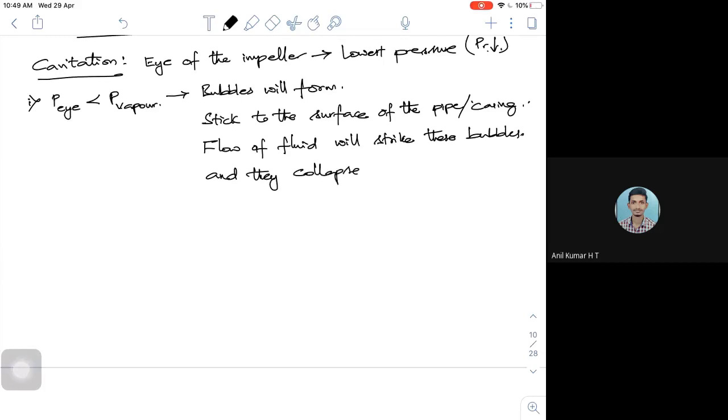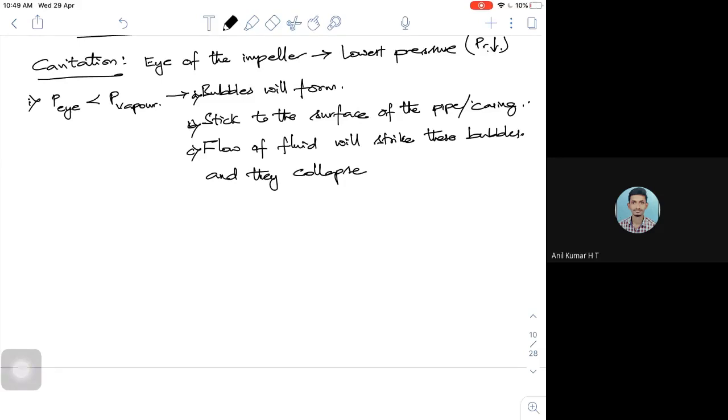Collapsing means bubbles keep forming if the pressure at the eye of the impeller is lower, and they keep sticking to the surface of the pipe, casing or impeller. Every time the fluid comes on, they keep collapsing, because the high pressure fluid has the capability to collapse the bubbles.